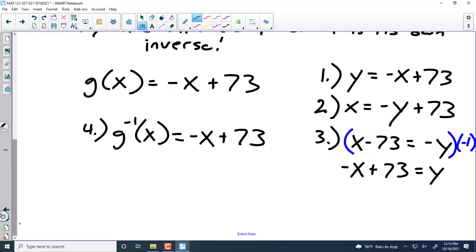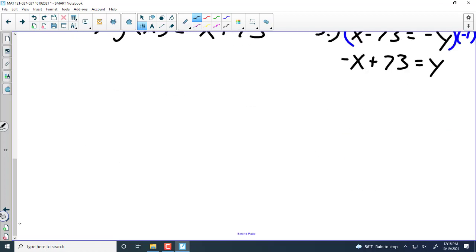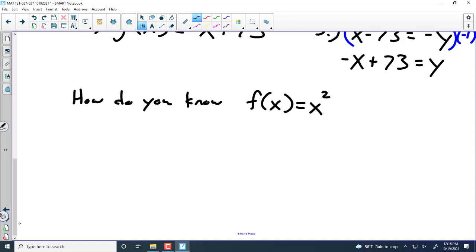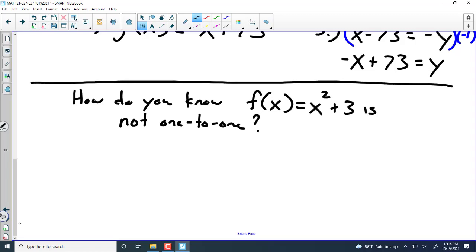Finally, how do we know a function's not one-to-one?